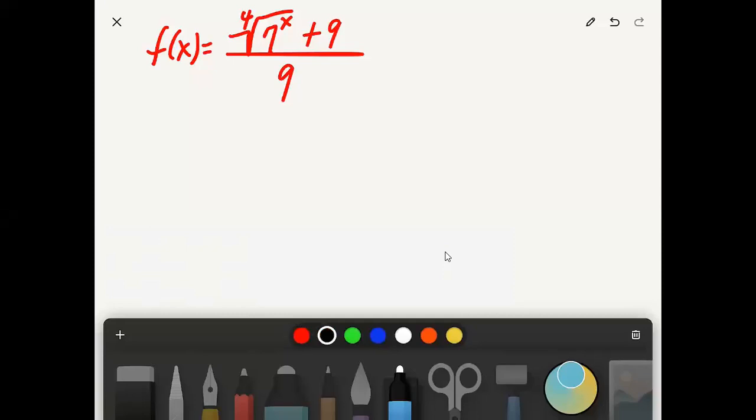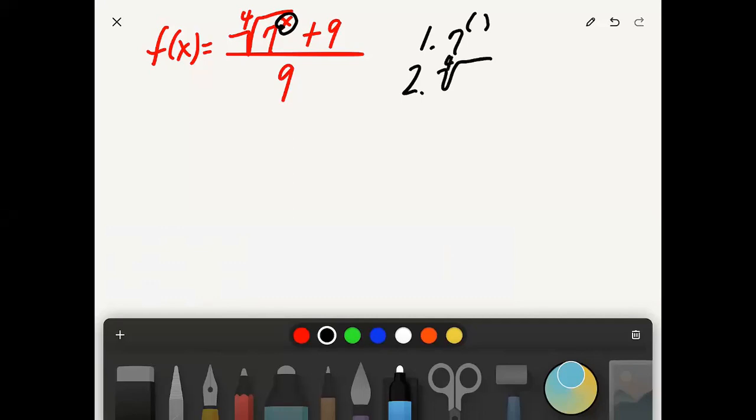So using PEMDAS, first I see that x is the exponent for the exponential function with the base of 7. So that's the first thing that I'm doing. The next thing is I'm taking the fourth root.